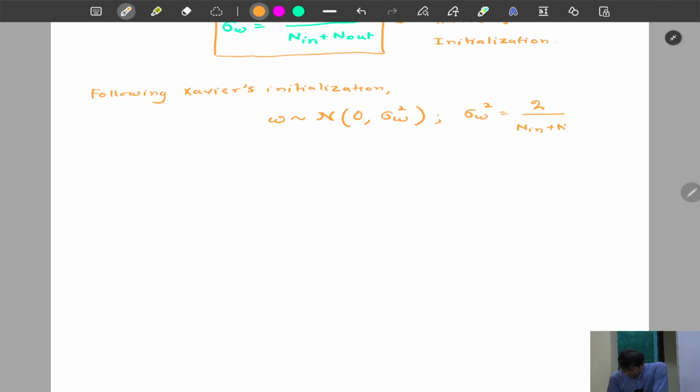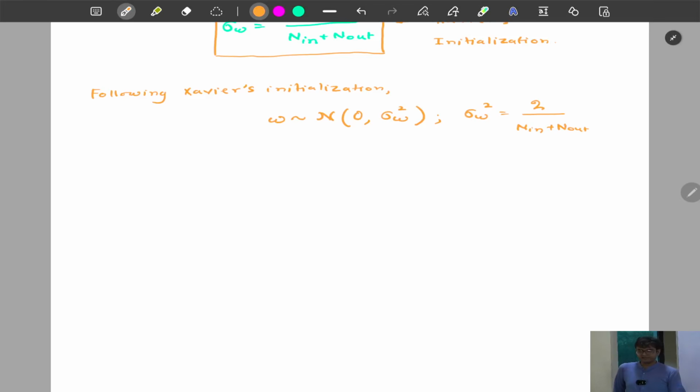So ultimately, how will you initialize? Xavier's initialization: the weights are drawn from a Gaussian with mean 0 and variance sigma_w squared, where sigma_w squared is equal to 2 divided by (n_in plus n_out).